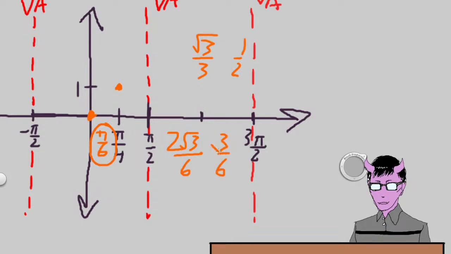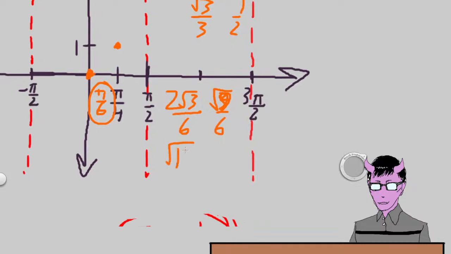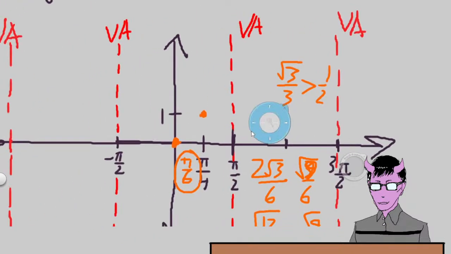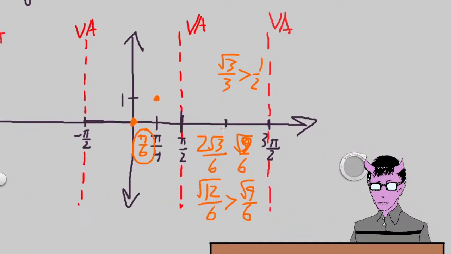This one is square root of 9. If you multiply this back into there, it's 4 times 3, which is 12. So root 12 over 6 is indeed greater than root 9 over 6. So this one is greater than 1/2. Wait, is it? Let me make sure I did my math correctly. Yeah, top and bottom times 2. Yes.